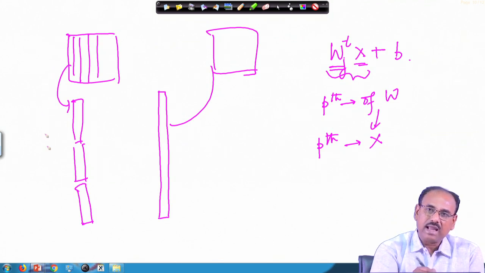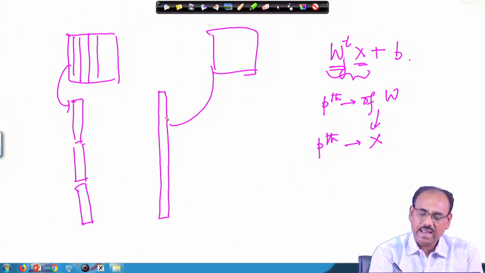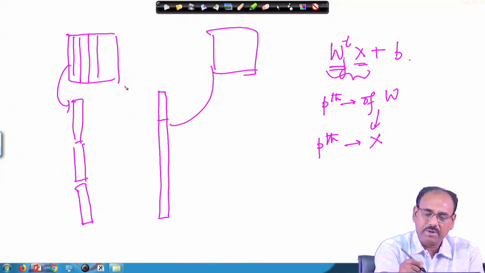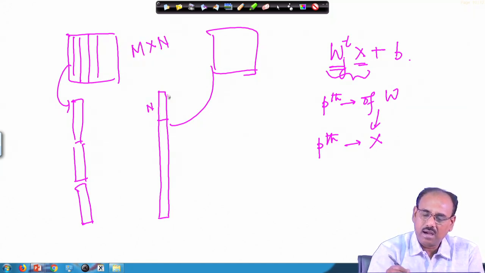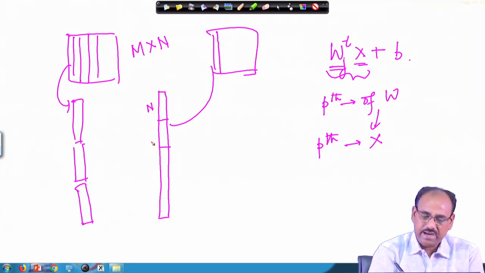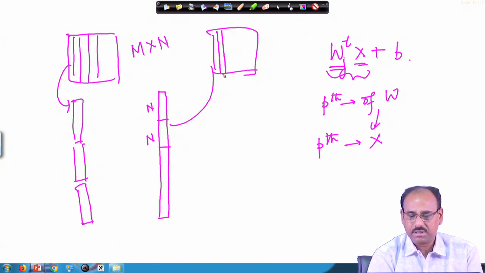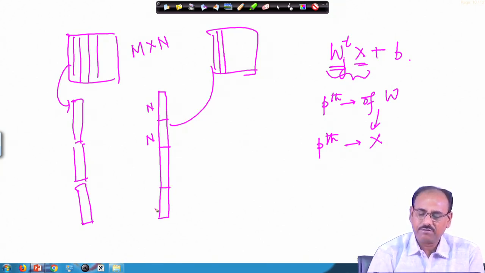So, as I have converted an image into a vector by unfolding the columns and concatenating them together to form a vector of dimension d, when I do the reverse process, that is, given a vector, I want to form a matrix out of it. My image was, I assumed, of size m by n.